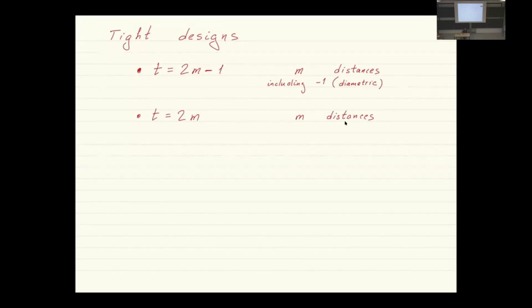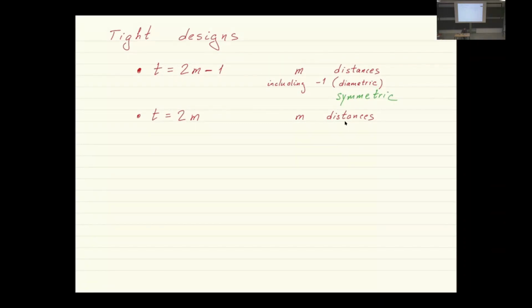Actually, in this case, a tight design of odd strength has to be symmetric. And the tight design of even strength 2m has m distances. So actually, you have the opposite bounds. If you want an m-distance set on the sphere, its cardinality cannot be greater than the bounds given in the Delsarte-Goethals-Seidel theorem. So in this way, these two notions match together precisely at these values.